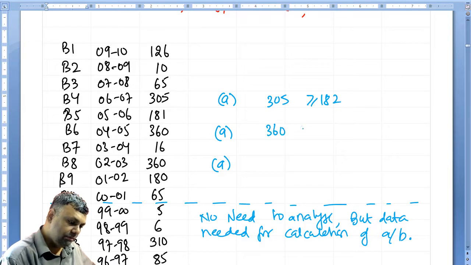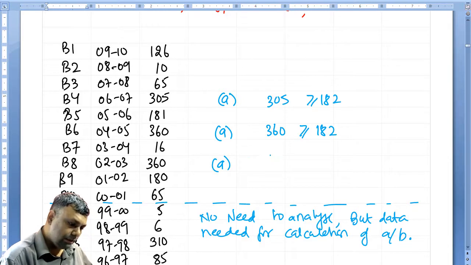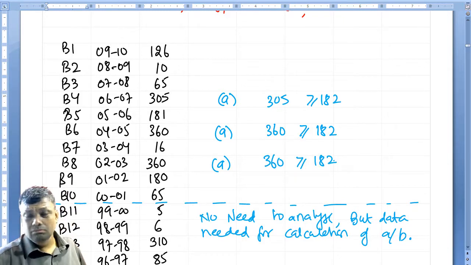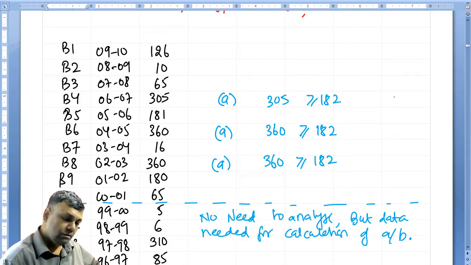This is 360, because it is greater than or equal to 182 days. This is also 360. Is it 2 times 360 or have I done a silly mistake? It is 2 times 360. Silly mistakes are possible, friends. You got to be very careful in this chapter because it is very much prone to silly mistakes. So you are resident.